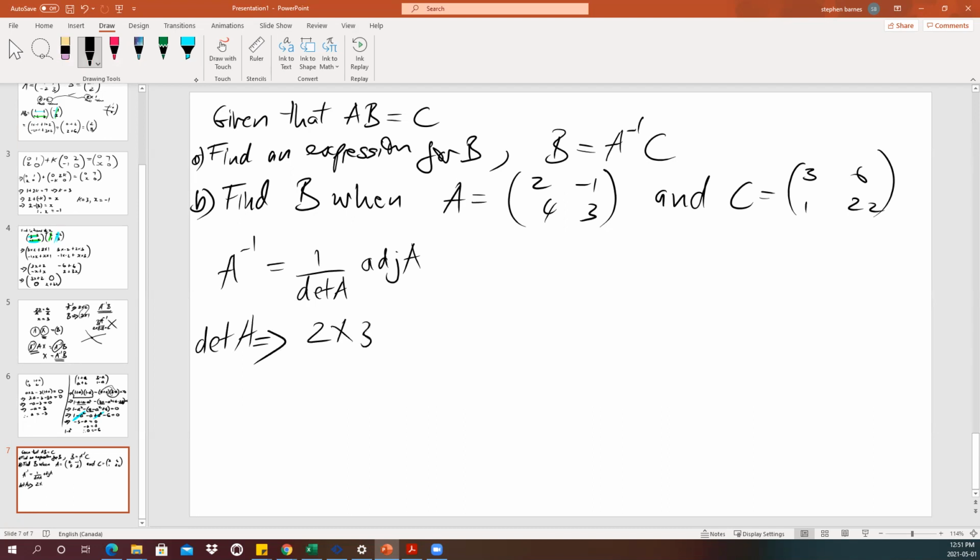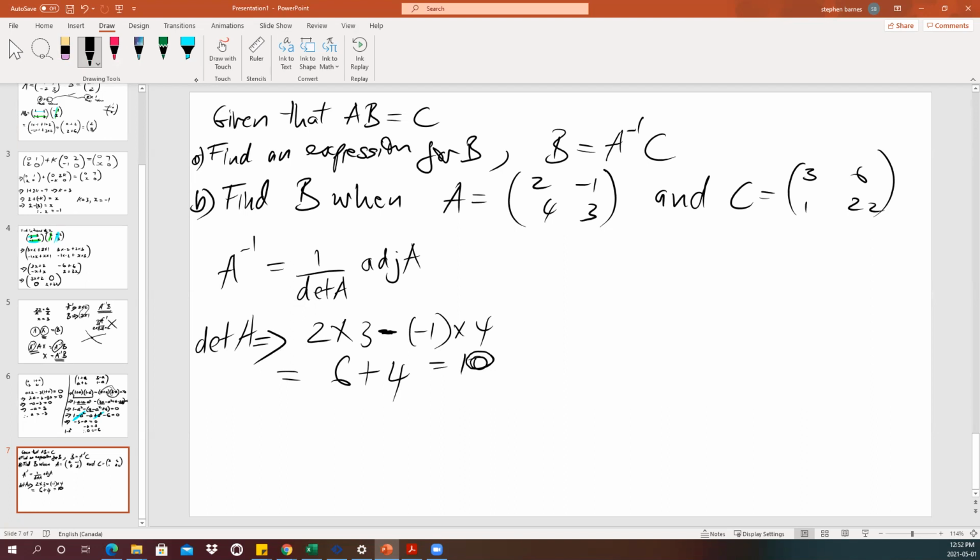So 2 times 3 minus minus 1 times 4, which is 6, and minus minus is positive, so 6 plus 4, which is 10. So we have 10. All right, so that's one known.